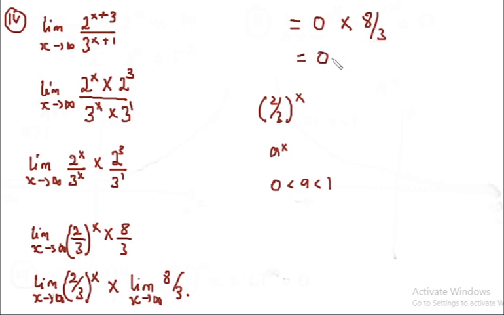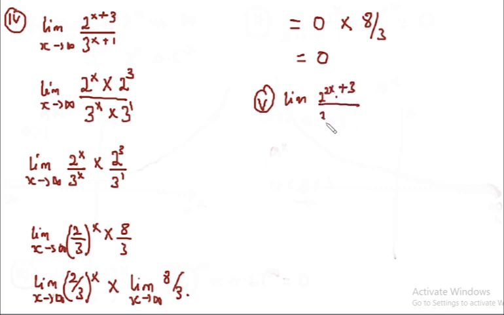Let me take another example. So say you're asked to find the limit of 2 to the power of 2x plus 3 divided by 3 to the power of 2x plus 3 as x approaches infinity. So like we did before, we can take the exponents and simplify them.